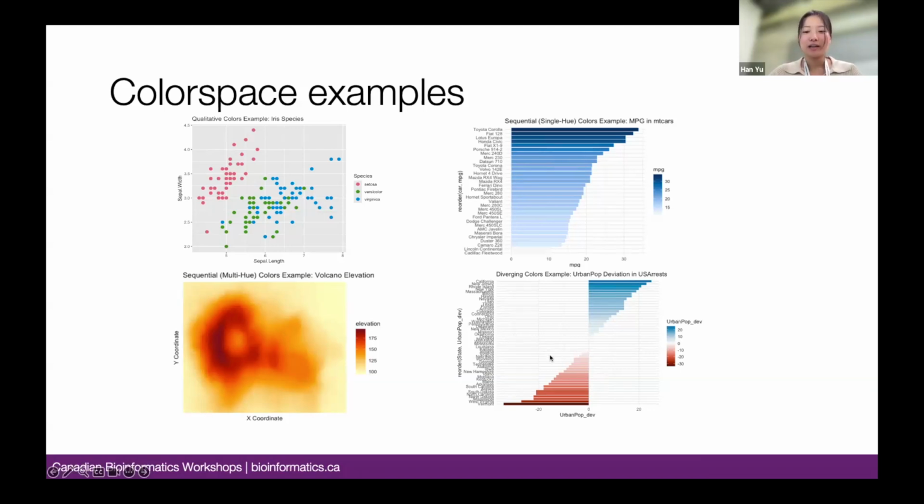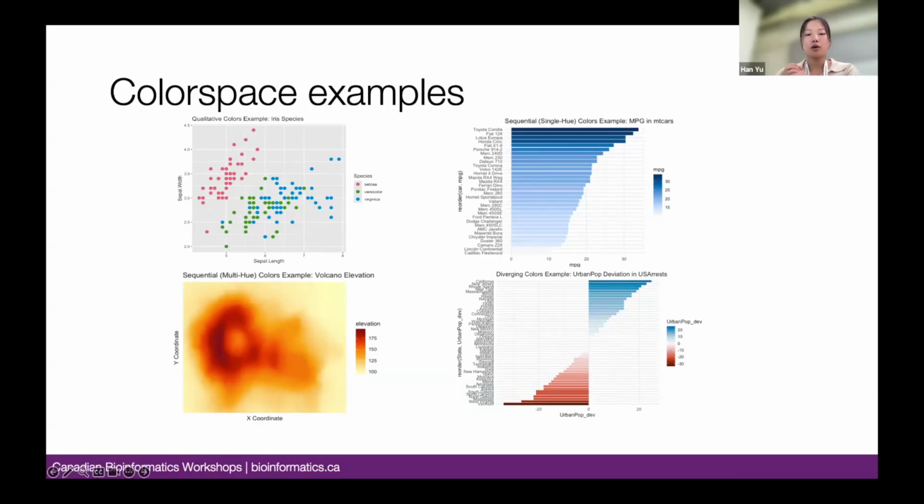The diverging scale helps differentiate the states above and below the median urban population percentage, using two contrasting colors to show the positive and negative deviation. So here is a positive part and here is a negative part, and between them the middle color shows the median urban population.